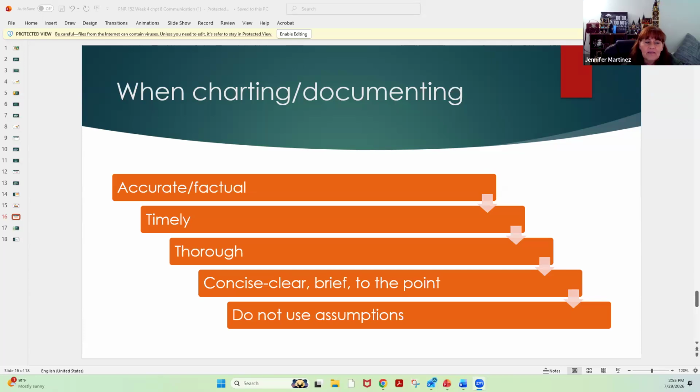And this is another one: don't use assumptions. One of the biggest ones, and this is something that I learned way back when I first started nursing, because I would write this and I would see other nurses write this: "Patient sleeping." You don't know that the patient is sleeping.